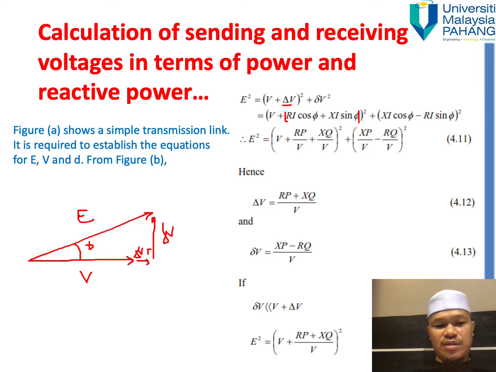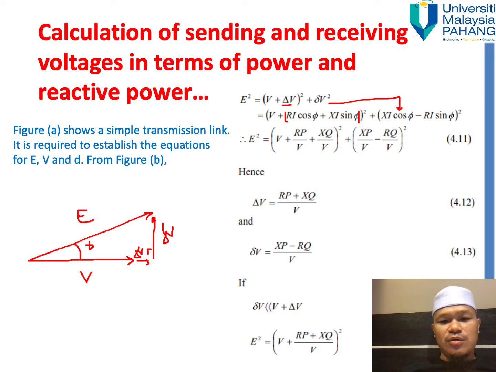Because I'm using a PowerPoint recording, you cannot refer back to the figure. Basically you can see that you can derive the other delta V here, represented by XI cos phi minus IR sin phi. And this you can rearrange back.